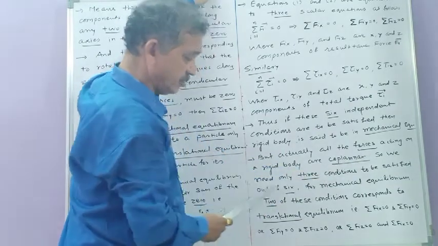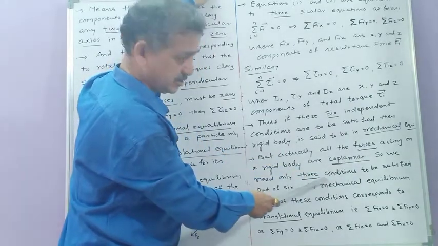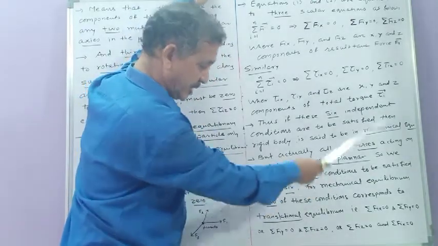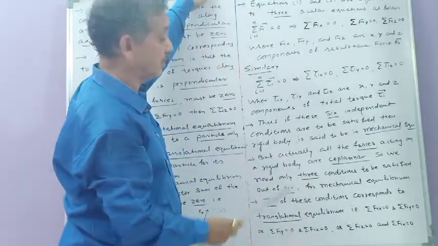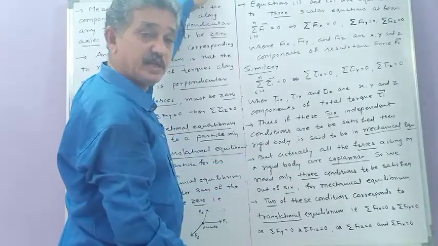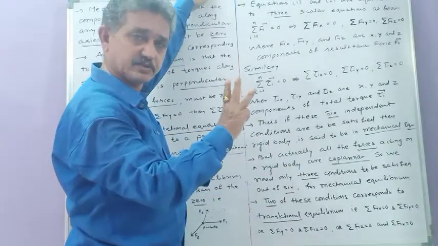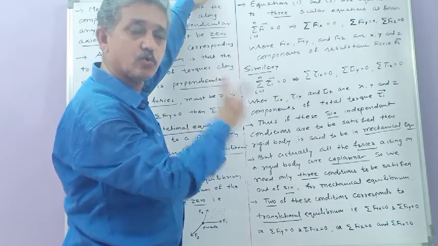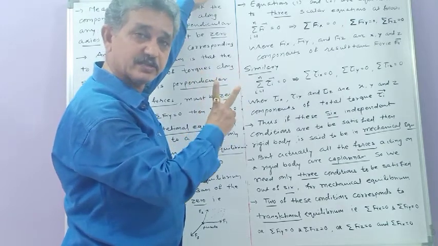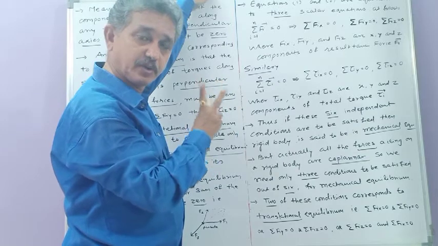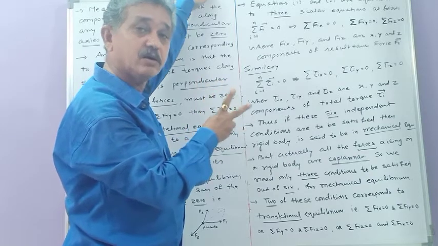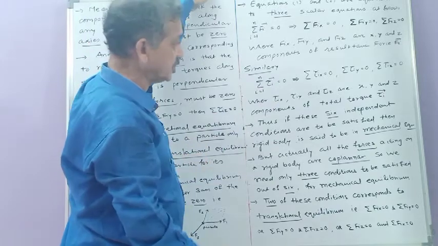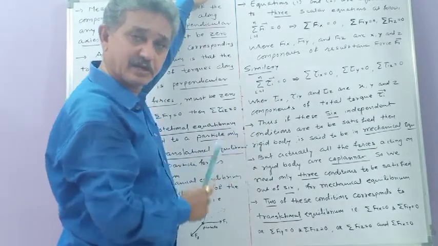So we need only 3 conditions to be satisfied out of 6 for mechanical equilibrium of a rigid body. Out of these 3 conditions, 2 are regarding forces which are coplanar and 1 is regarding torque which is perpendicular to the plane in which the forces are there. So out of the 6 conditions we reduce to 3 conditions.